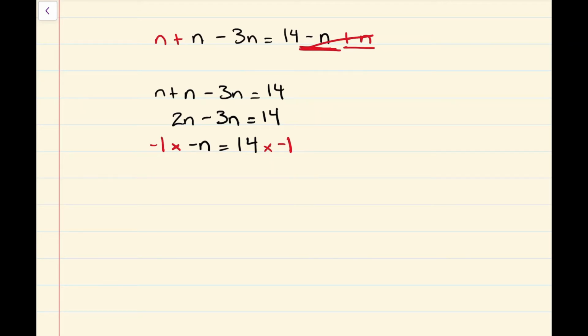So, -1 times -n is going to give us positive n. And 14 times -1 is going to be -14. So, our answer is -14. I hope you guys understood that one.